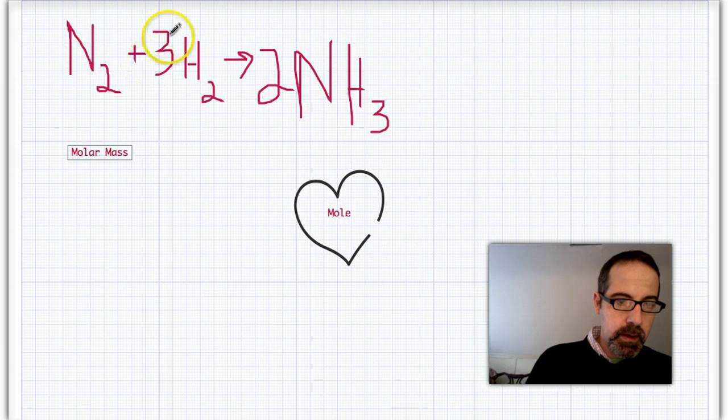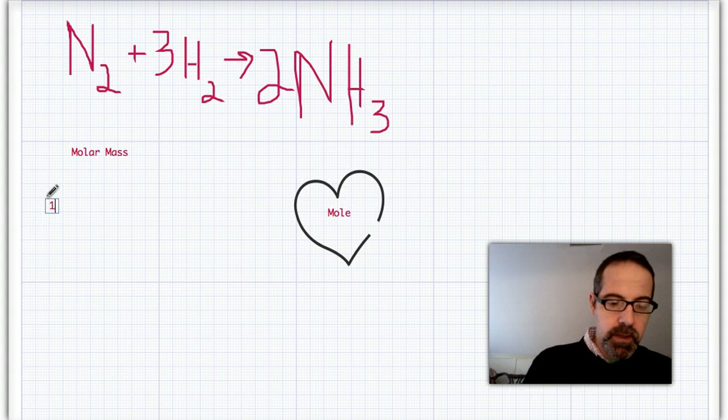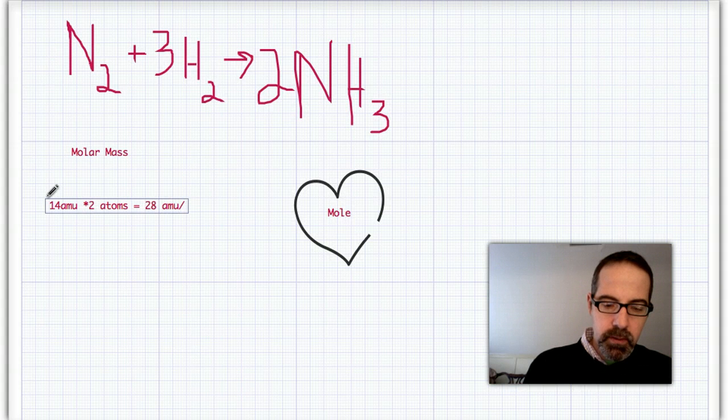So for example, if we wanted to get the molar mass of nitrogen gas, all we would need to do is, from the periodic table, the mass of 1 atom of nitrogen is 14 atomic mass units. All right, and then we have 2 of them because nitrogen is a diatomic gas. And then we get our 28 atomic mass units per molecule of nitrogen.